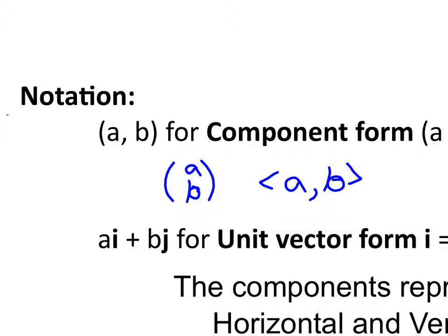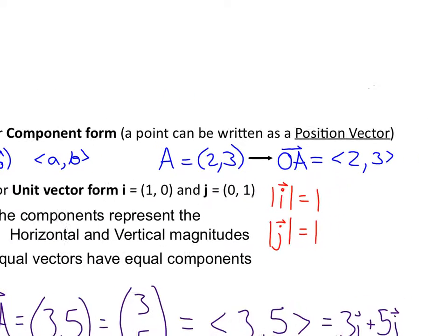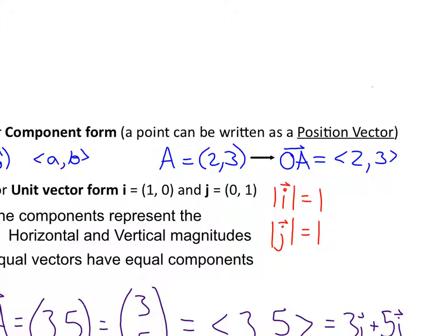Okay? Now, one thing that is a little bit challenging is that if we're in a situation where we have an origin and we have different points, we can actually write a point like this, the point (2, 3).